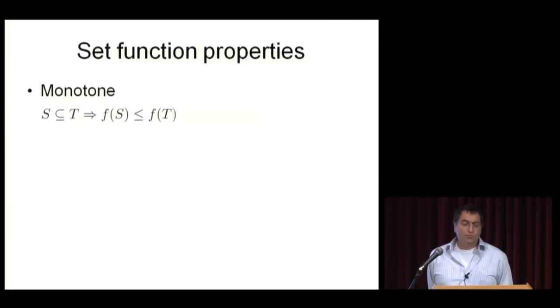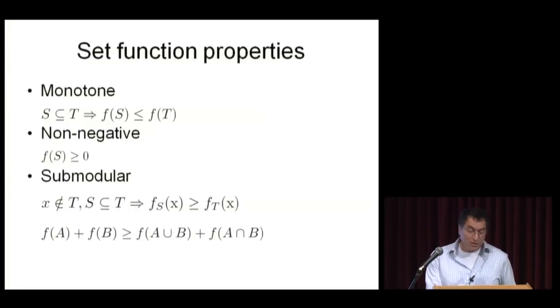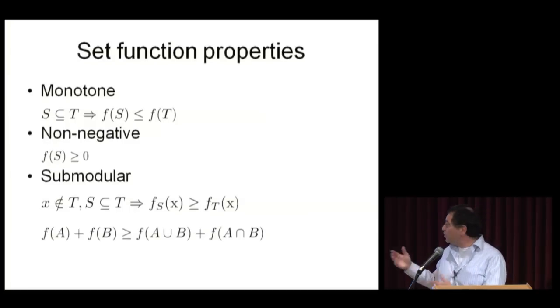We will also be interested in what are called monotone functions. What does it mean, a monotone function? If you have more, the value is larger. That's monotone. And also non-negative, so I'm thinking only about positive functions. And as I said, submodular was defined before: the marginal value is larger if you have a smaller set.